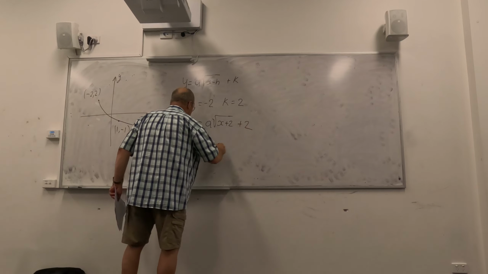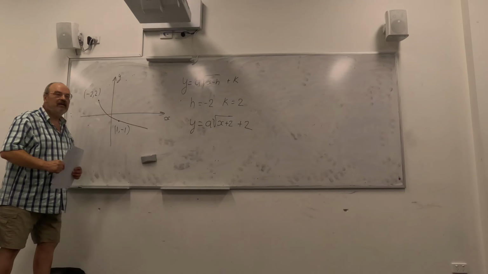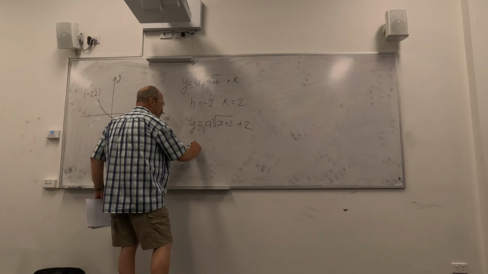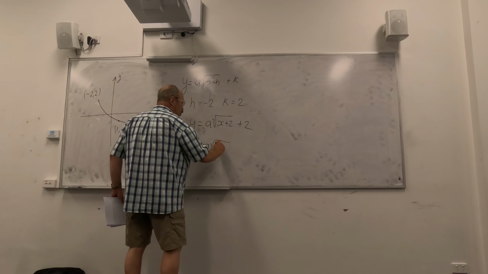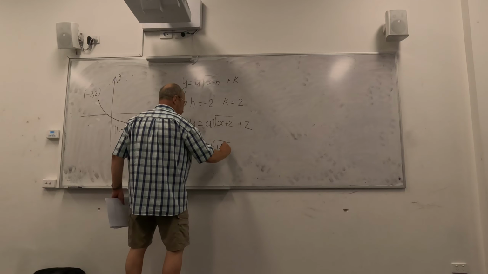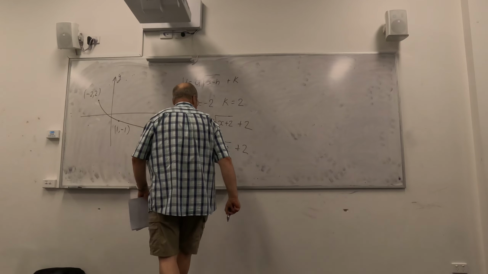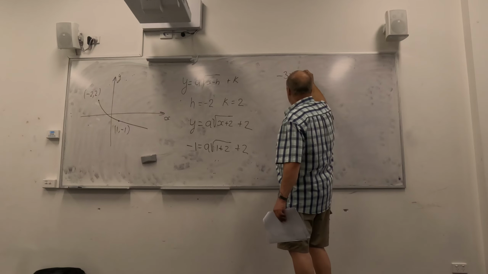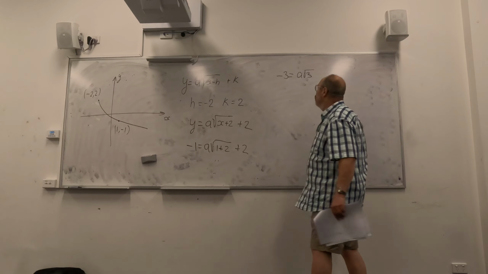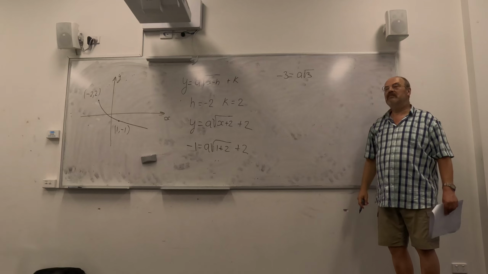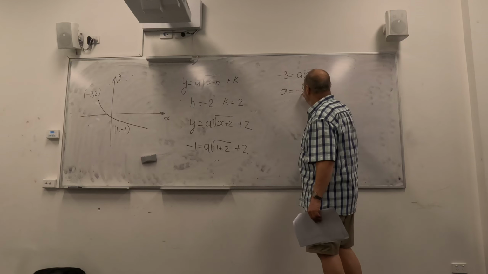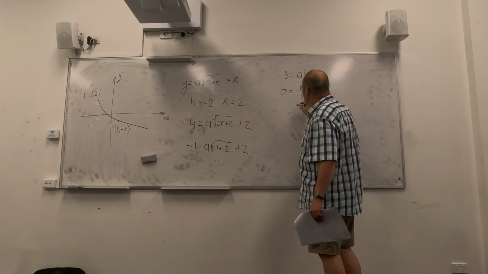Now to find a, we substitute the given point. So we have negative 1 equals a square root of (1 plus 2) plus 2. So negative 3 equals a root 3. So a equals negative 3 divided by root 3, or negative root 3.